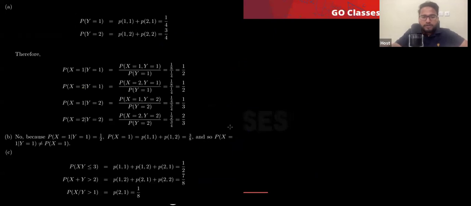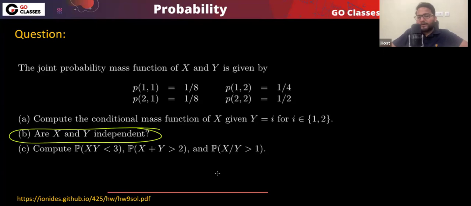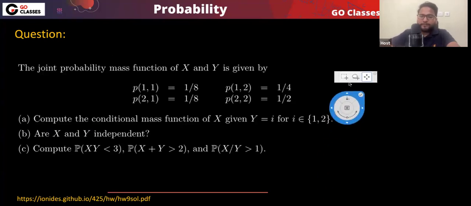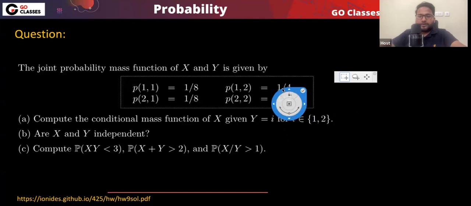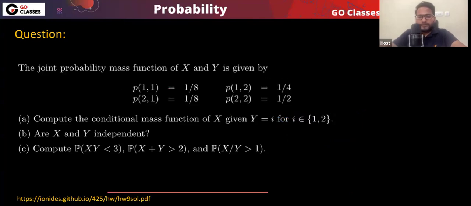So I think that's all they're asking. Okay, there are more questions. For example, they're asking, are x and y independent? So how to check if x and y are independent? Anyone? So what we can do to check that x and y are independent? Let me just tell you.